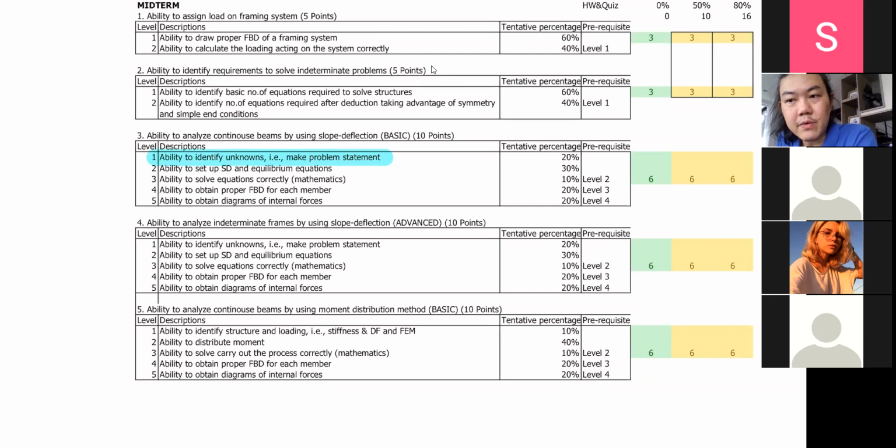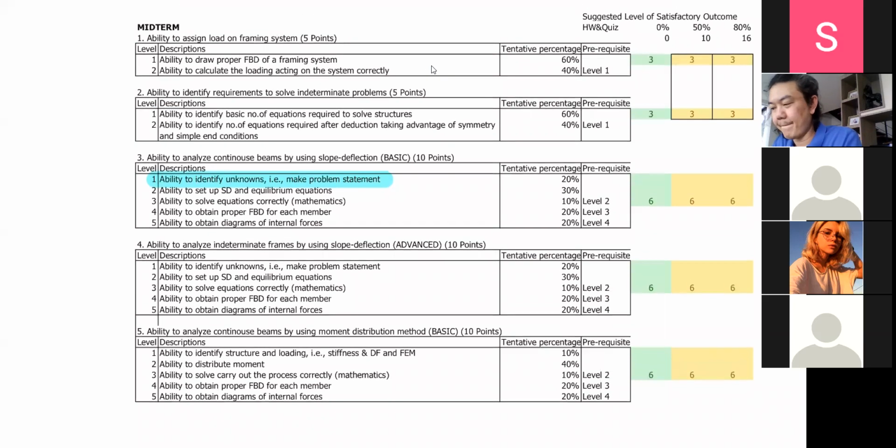You need to be able to identify them. So if before you set up your equation, you fail to identify it very clearly, or you set up your equations not according to your identification of the problems, I have the right not to grade your work further than the first level because everything has been stated very clearly here.